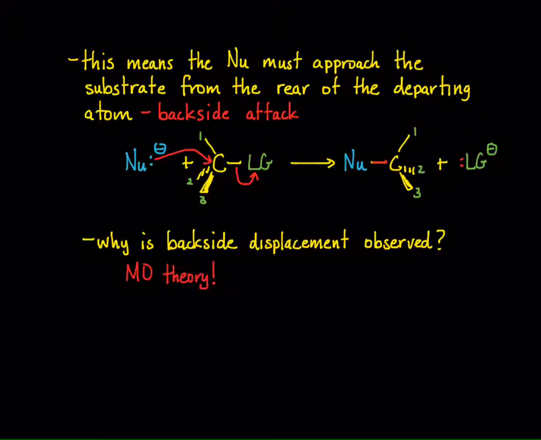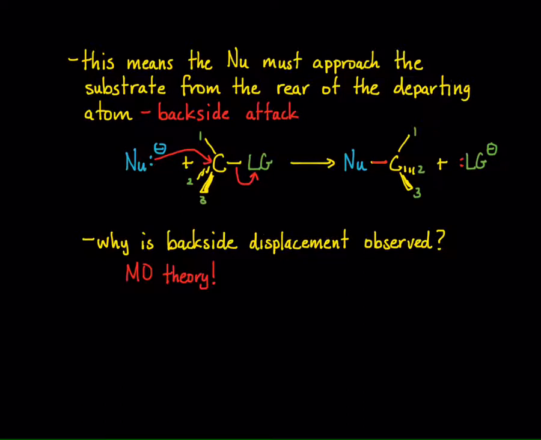So if we think about what we've learned so far in terms of molecular orbital theory and how the HOMO of some orbitals interact with the LUMO of others, you know that there has to be some type of orbital interaction between the nucleophile and the orbital of the carbon with the leaving group, let's say that halogen, right?